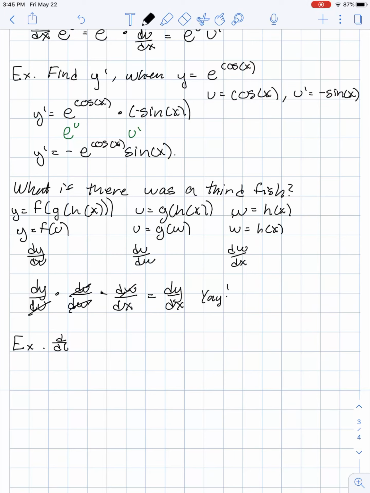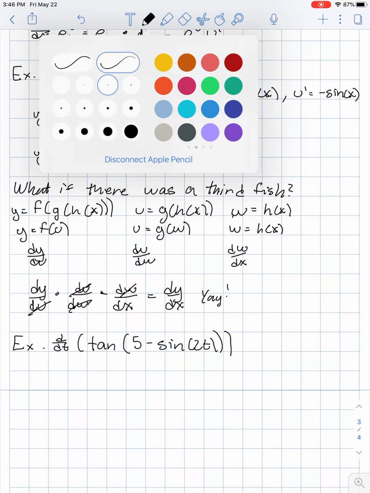So we were asked to differentiate with respect to t tangent of 5 minus sine of 2t, in parentheses.